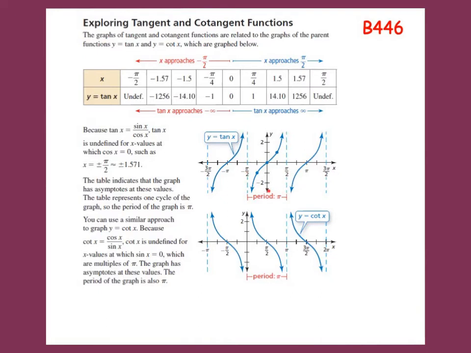Half of the period is to the right, and half of the period is to the left of the y-axis. However, the cotangent graph starts at the y-axis and goes to pi, so the entire period is going to be to the right of the (0, 0) point.